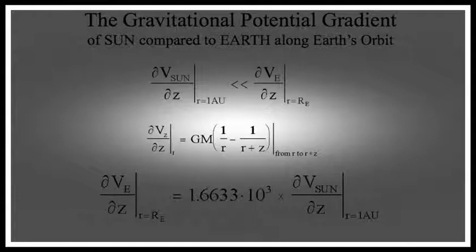If you calculate the gravitational potential gradient, what you have to do is take the first derivative of the gravitational potential of the sun along a z-axis, with z coming from the sun, where the radius of the orbit of the Earth is 1 astronomical unit. If you look at that at the Earth, you'll find that that is much smaller than the gravitational potential gradient of the Earth along a radial path, which is the radius of the Earth.